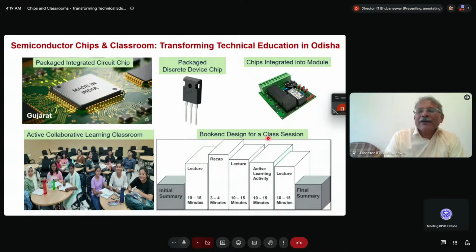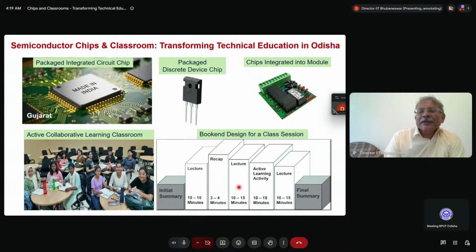Bookend design of a class session. How should a class session be done? It should not be purely lectures. First, there is a summary of the previous class, then you have a lecture, then you have a recapitulation of the ideas that you have given in the lecture. After that, you can again continue with the lecture.